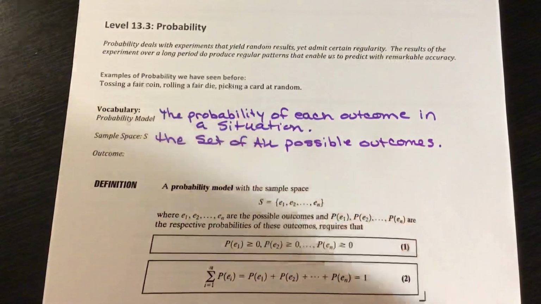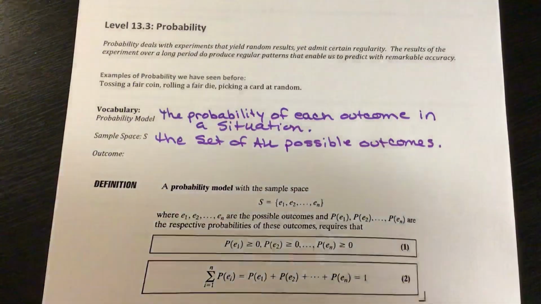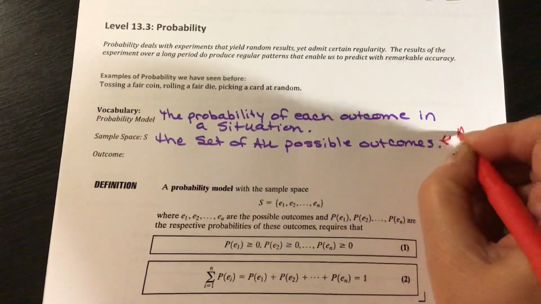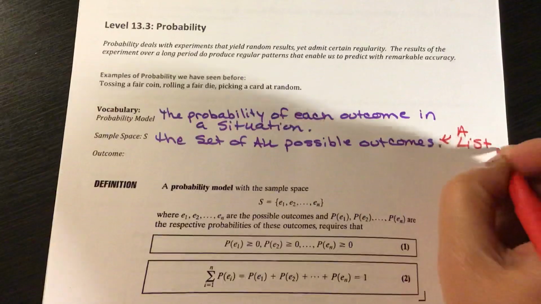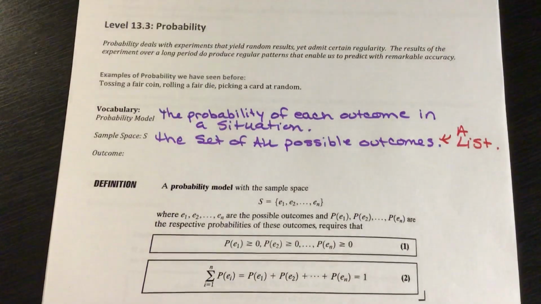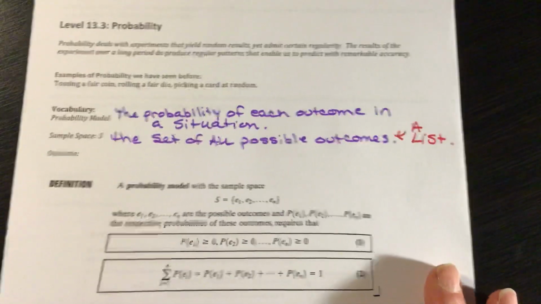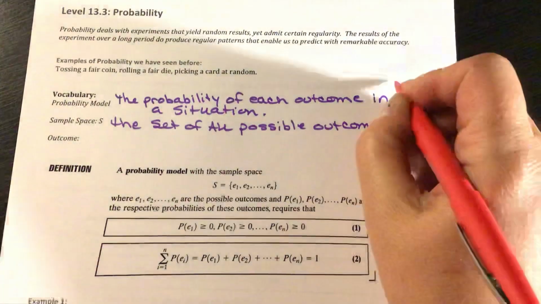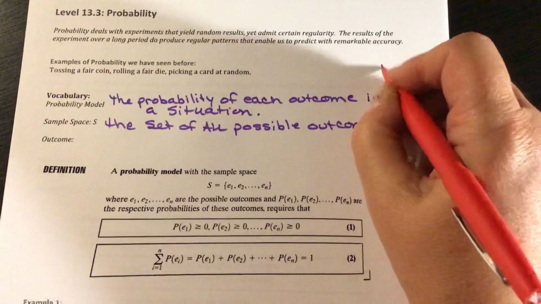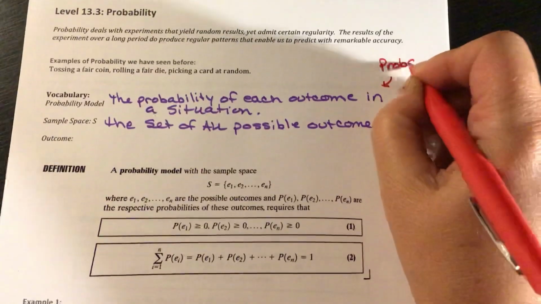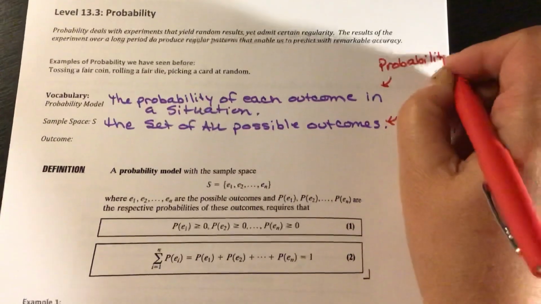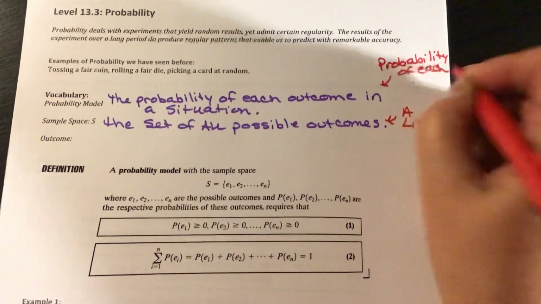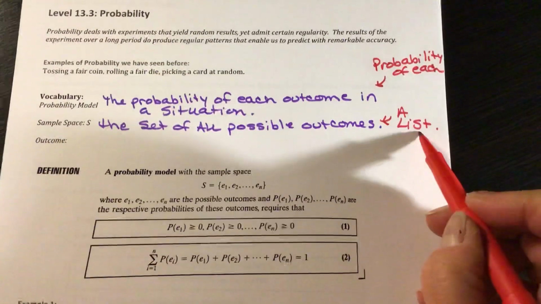All right, so how are these different? This is a list of everything that can happen when an event occurs, and this is the probability of each member of this list.